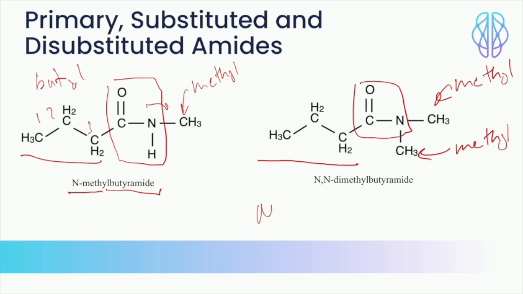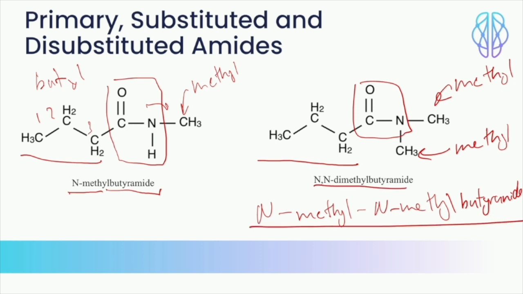You can also write it like this, no problem, N-methyl, N-methyl. And if you're unsure in an exam setting, don't risk it. Just write it like this. They can't technically penalize you because it is right. However, this is the official name for it. You're likely to get more marks for it that way.